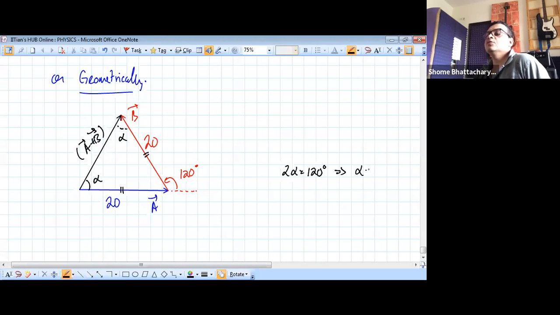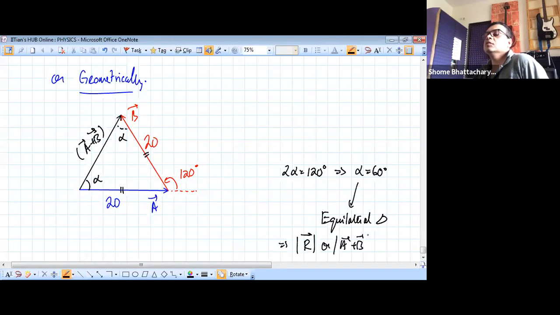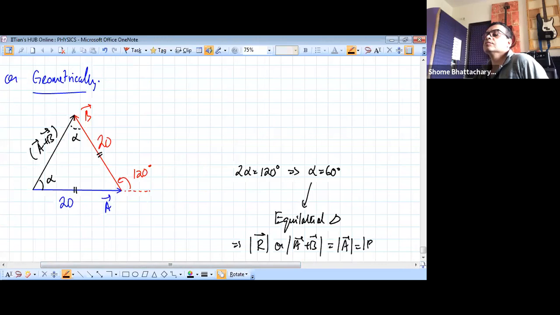So that means alpha should be 60 degrees, which means that now it's an equilateral triangle. Which means that the magnitude of the resultant, or the magnitude of A plus B, is equal to the magnitude of A is equal to the magnitude of B is equal to 20 and alpha is equal to 60.